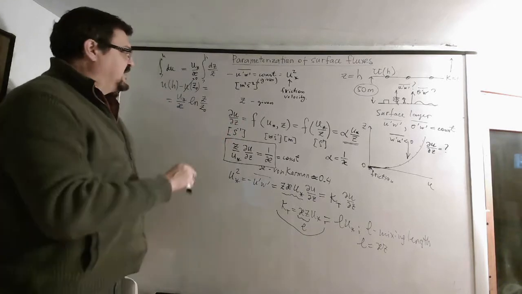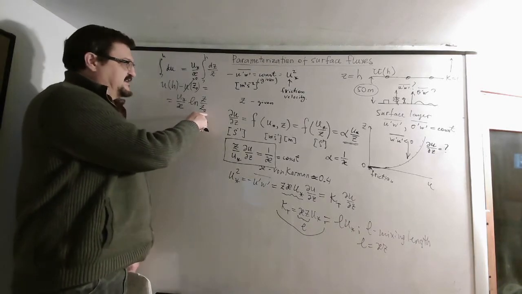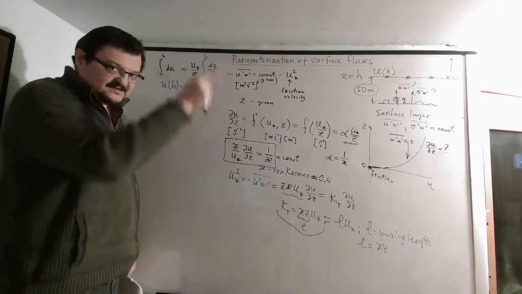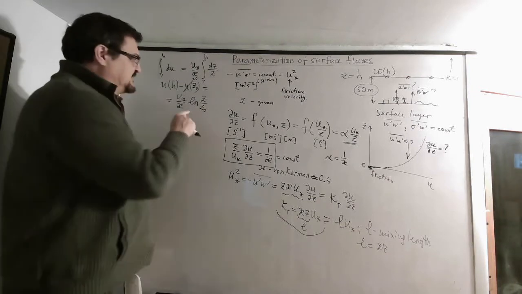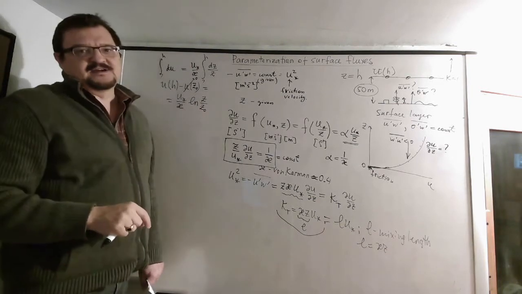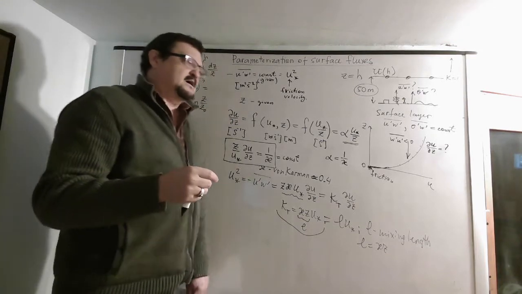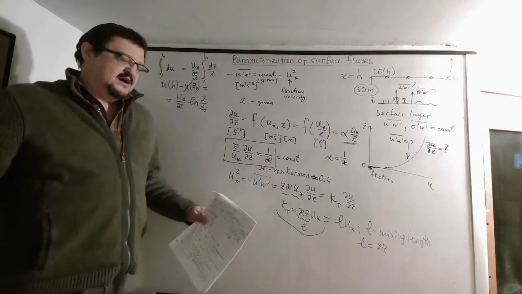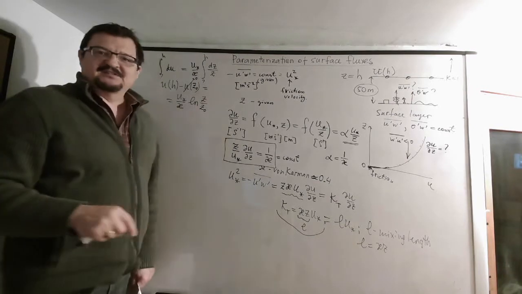So we just call this hypothetical height, where velocity asymptotically becomes zero but not in reality, z naught. This is an incomplete theory in this regard, but we sweep all these details about the surface into one parameter that we call z naught.